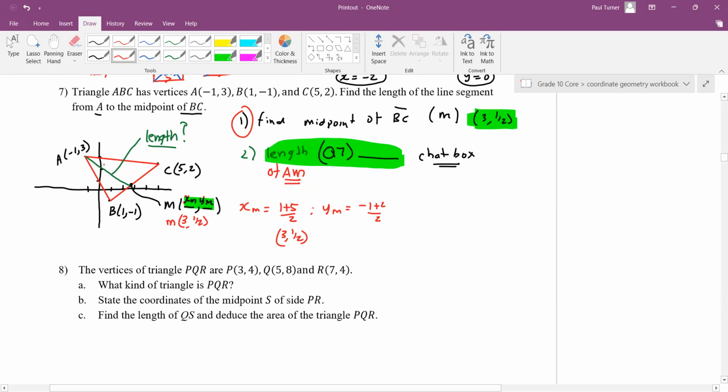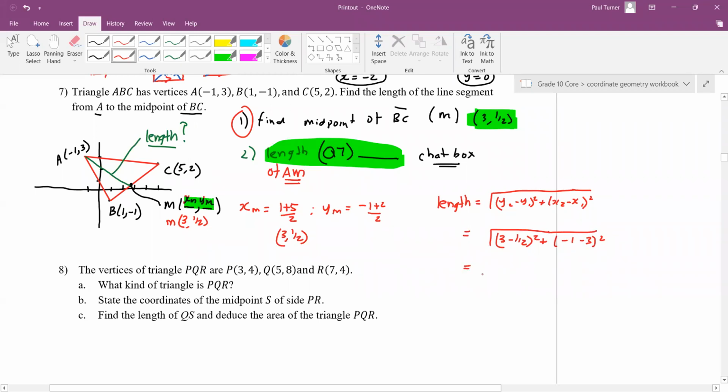So now we want the length of AM. So now we need to use the length formula. So let's write that down. So length. And you may remember that's the square root of y2 minus y1 squared plus x2 minus x1 squared. Okay, so let's do it: 3 minus a half squared, plus now the x coordinate, -1 minus 3 squared.